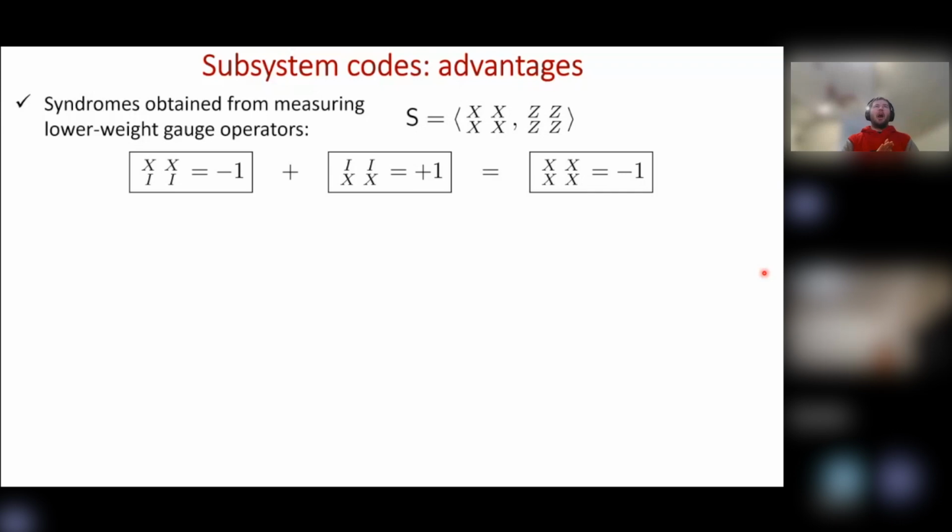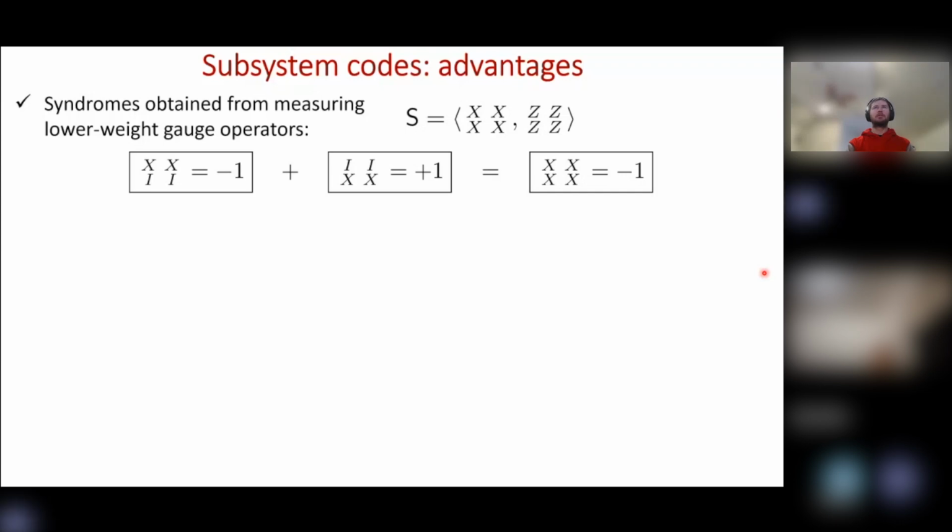For example, here, two of these gauge operators can multiply to get you the stabilizer, all X, and this means that you can measure the gauge checks, the gauge operators, to obtain the stabilizers. And they're lower weight, which means there's less fault tolerance overhead, and you could, in principle, maybe make this fault tolerant.